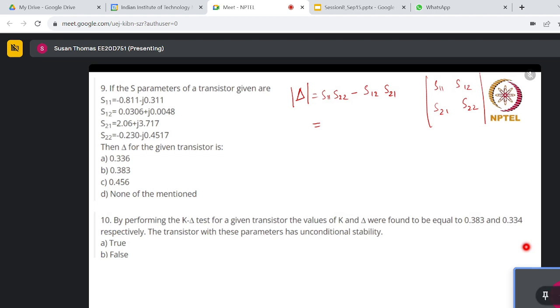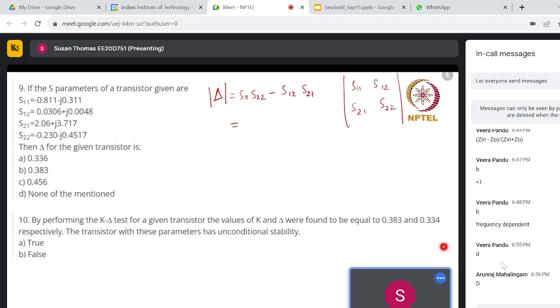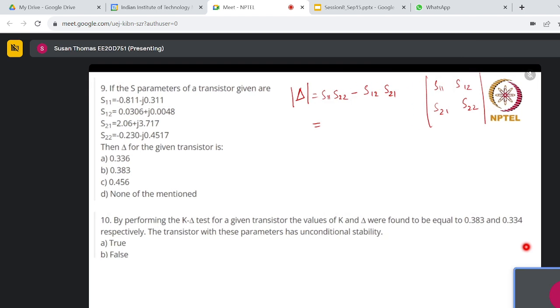I request you to do the calculation once again. I hope you have considered the complex numbers as such, and finally you take the modulus of that. Option A. Okay.